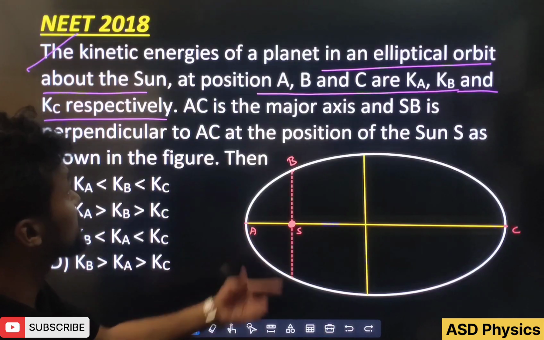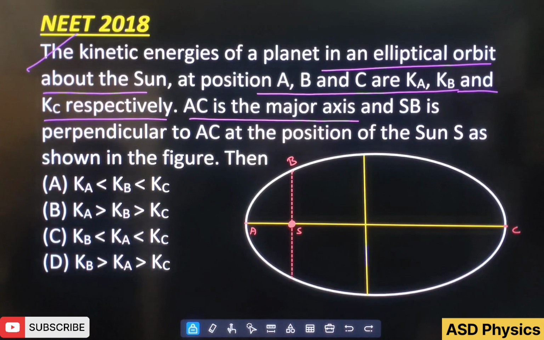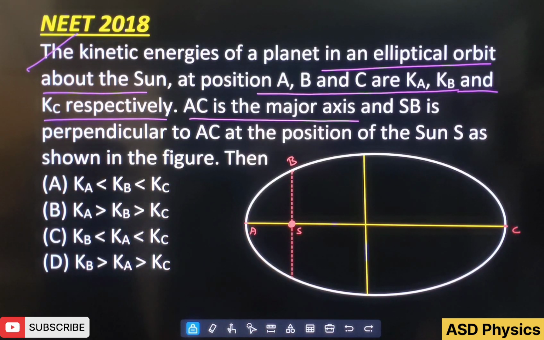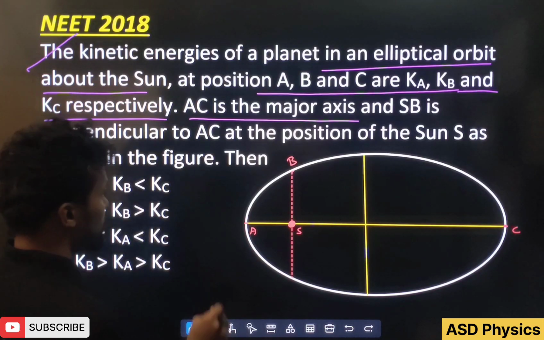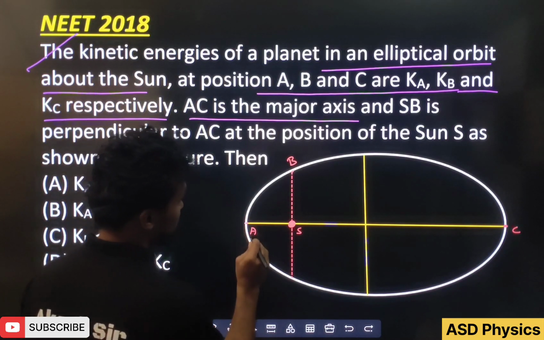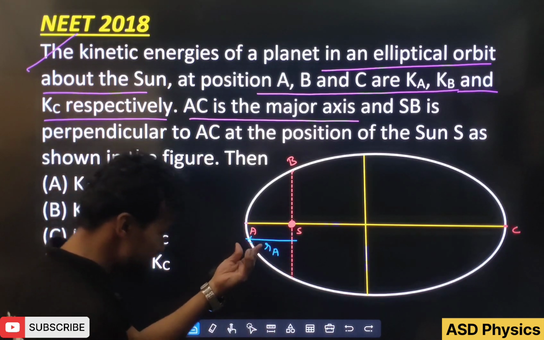Now, see here, AC is the major axis, see the diagram, and SB is perpendicular to AC at the position of the sun as shown in the figure. As I have told you very well, students, see please, this is the closest distance, RA. Here the distance is minimum.